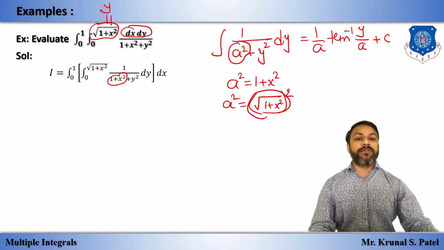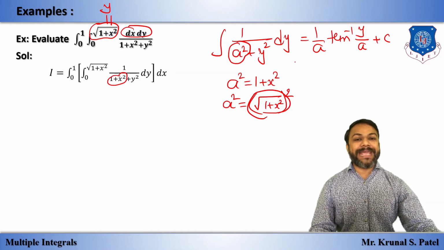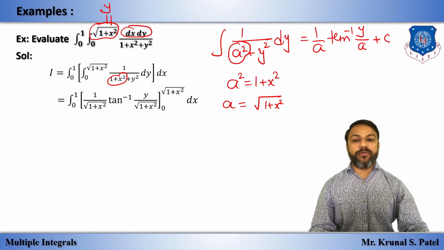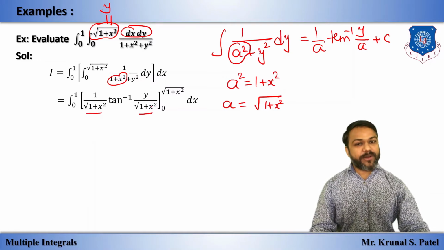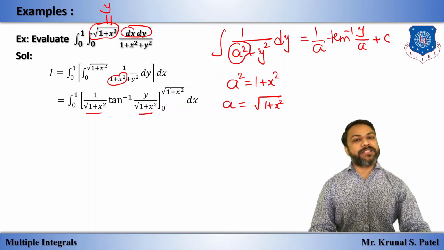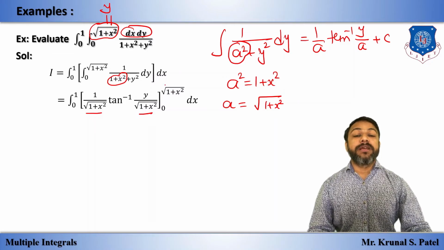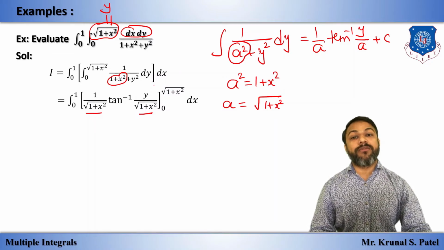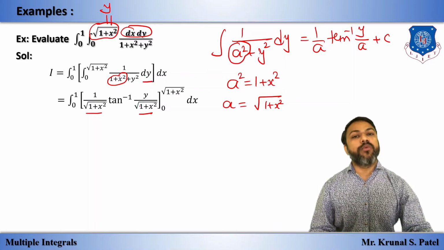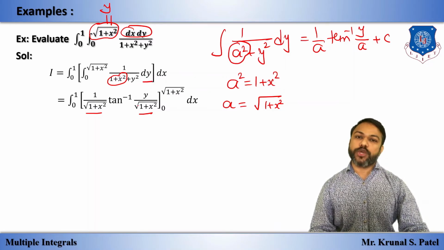So by applying this formula, 1 by a, that means this root of this, we have 1 by a tan inverse y by a. Got it? Now upper limit minus lower limit. The limit will be substituted in the place of y because we integrate with respect to y, keeping x constant.